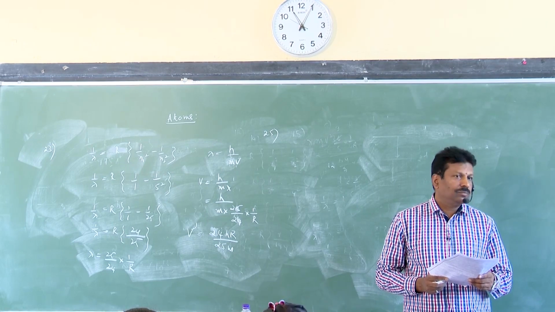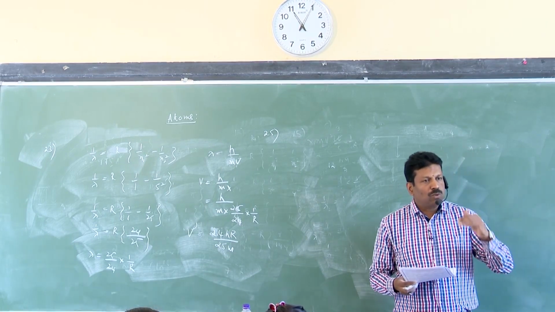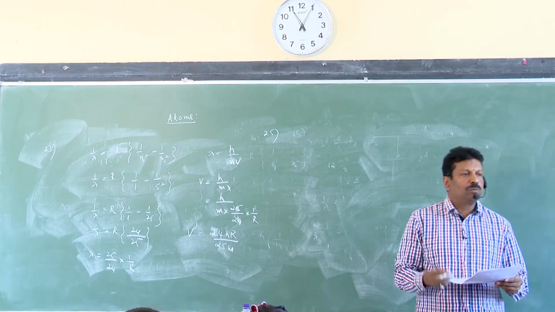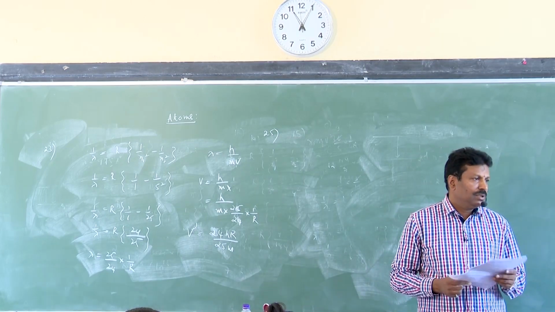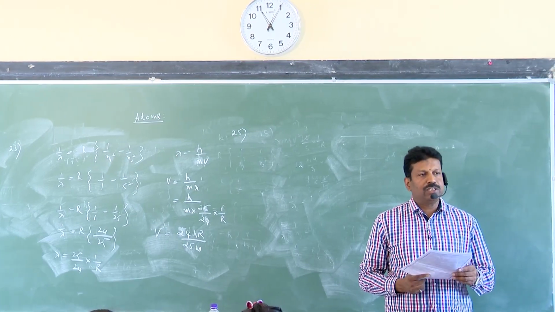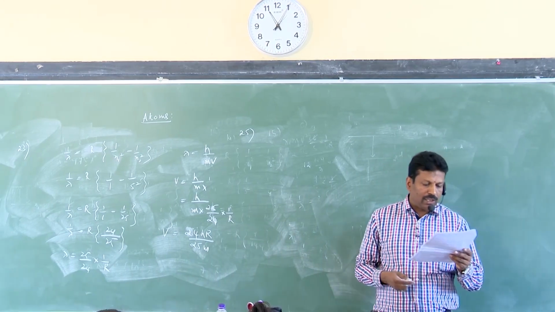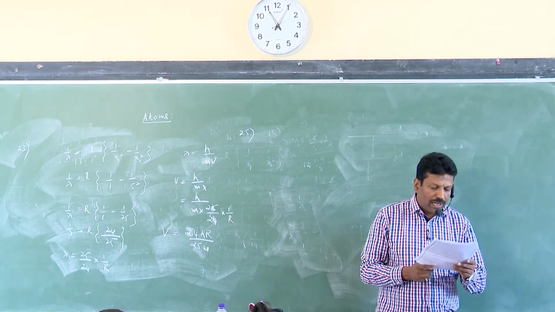Ionization means to liberate the electron from the ground state to the infinity state, means to remove the electron completely from the atom. That's called ionization potential, and the corresponding energy is called ionization energy. So they have given ionization energy 13.6 electron volt for the electron in hydrogen atom.